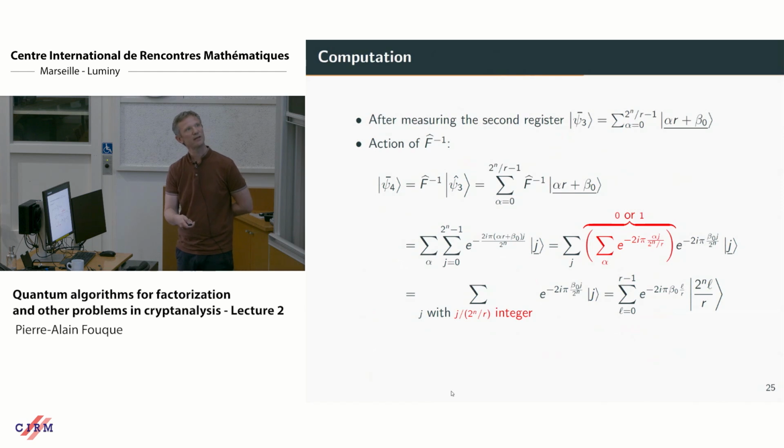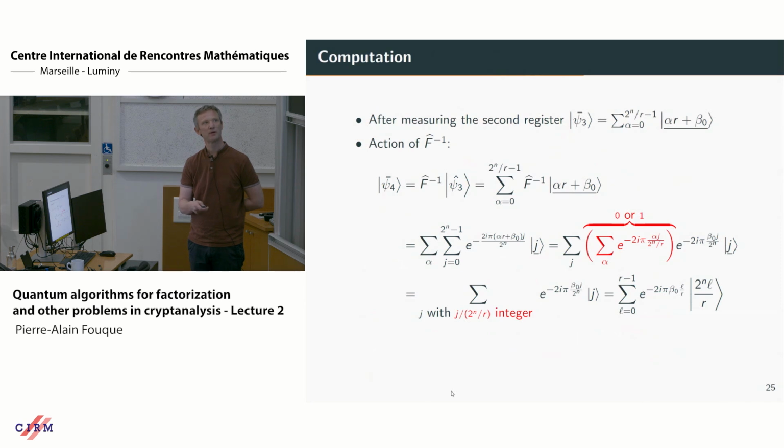And here, in fact, if you look carefully, I can apply my lemma, and this sum will be equal to 0 if this term is not an integer. And if it is an integer, the sum will be equal to 1. So here I can replace the big sum just over the elements g such that this value is an integer, and I can replace all of these parentheses with a 1.